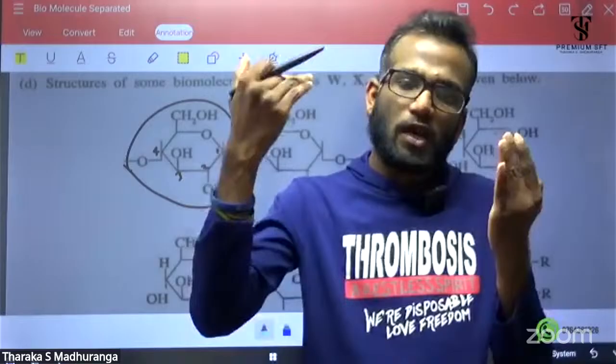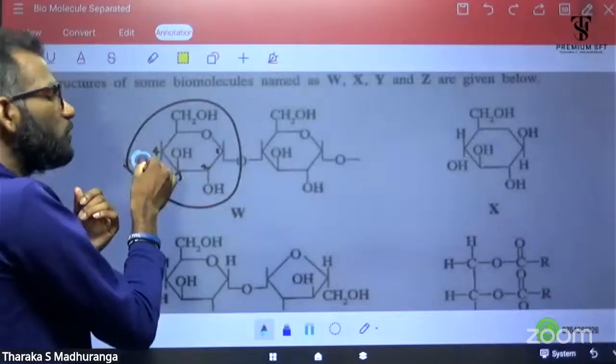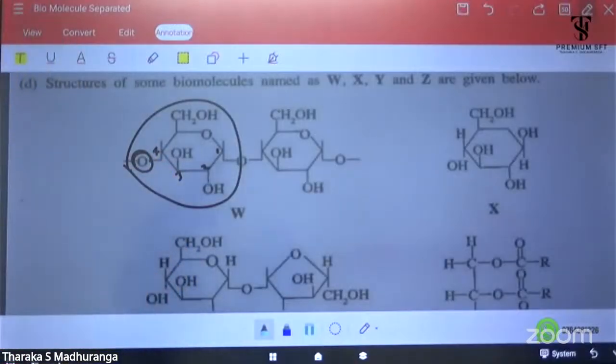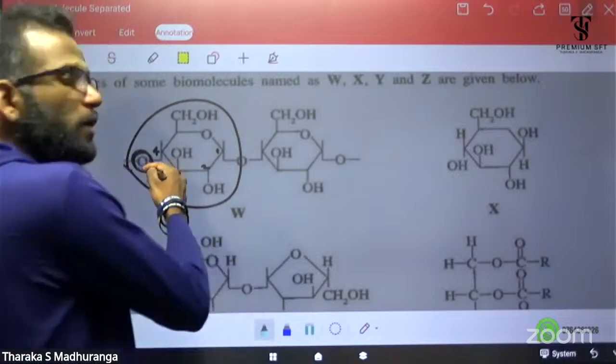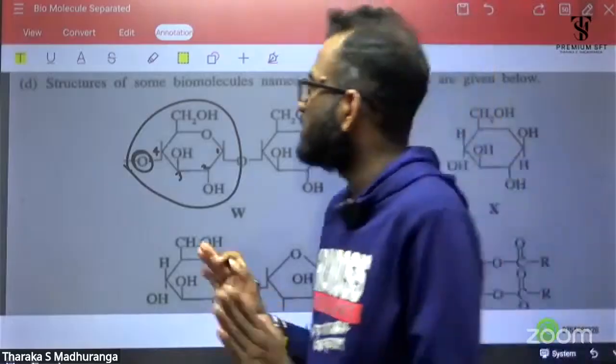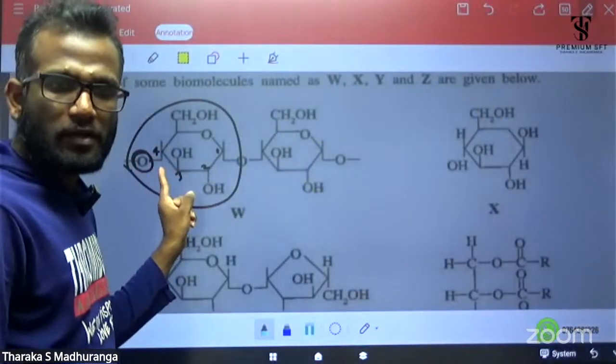O downward means exactly OH downward, right? OH downward, then it is glucose. How to identify? By the fourth carbon.